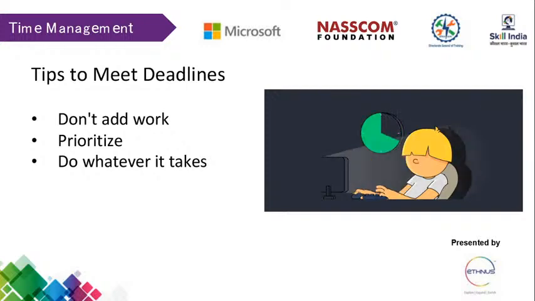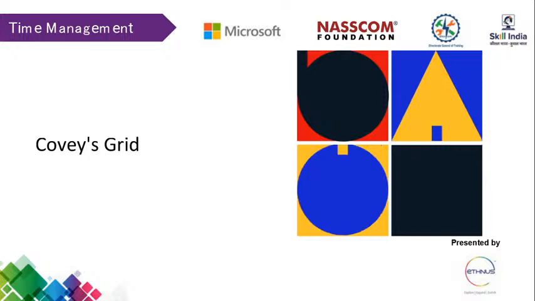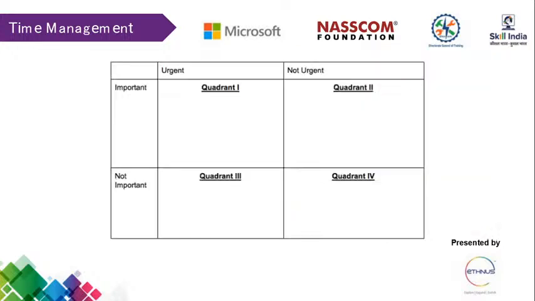Okay, so let's move on to the next part, and that is Covey's grid. As you can see on the screen, there's urgent and not urgent on the x-axis, important and not important on the y-axis.